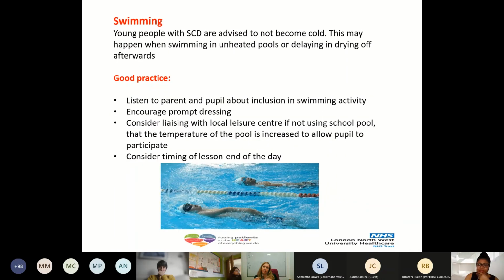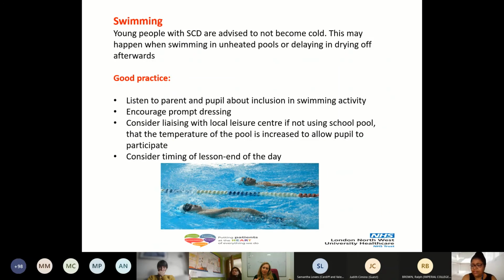Swimming also is really important. Prior to a child with sickle cell going swimming, the water temperature needs to be very warm, so that they don't have extremes of temperature coming out of a very cold pool. They need to be dried at poolside, not left to be wet and walking around, because that can cause them more problems with sickling.